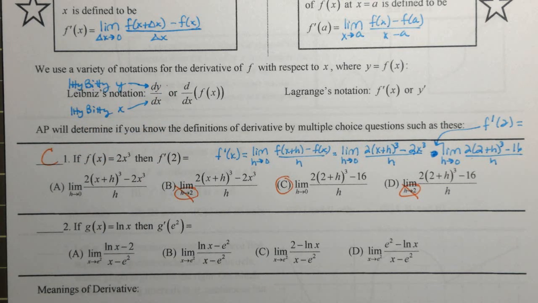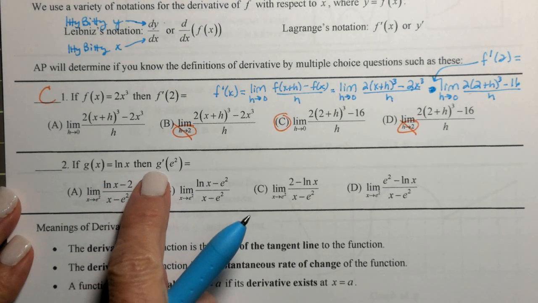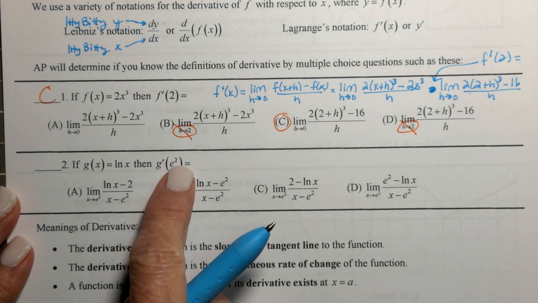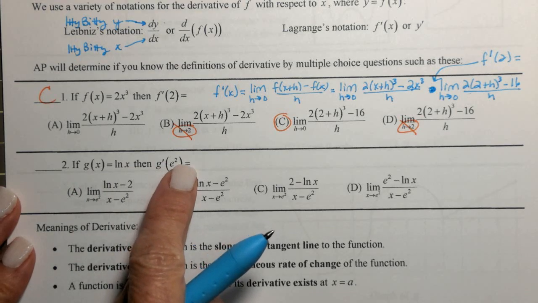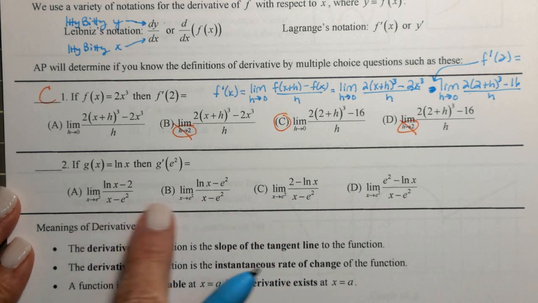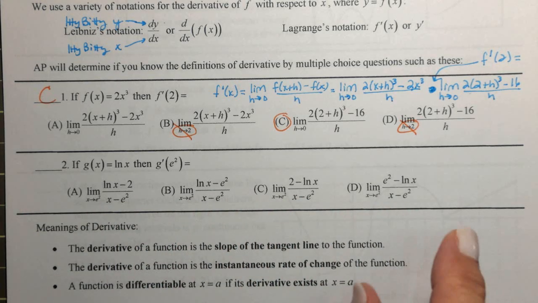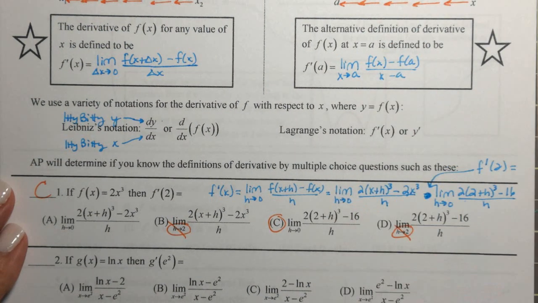All right. Number 2. G prime of e squared. G is ln of x. What is g prime of e squared? I look at my choices. There's no h's, there's no delta x's, but there is a limit. So I know they're asking me a question about the alternative definition of derivative.